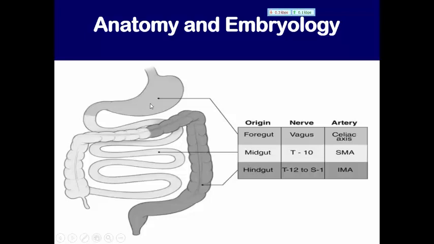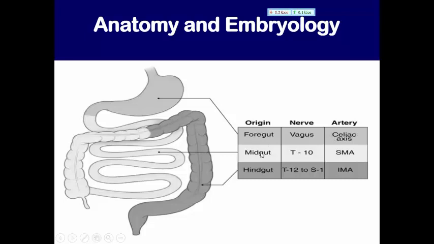According to this embryological origin, the nerve supply and arterial supply are also organized. Structures derived from the foregut are supplied by the vagus nerve, and their arterial supply is mainly from the celiac axis.